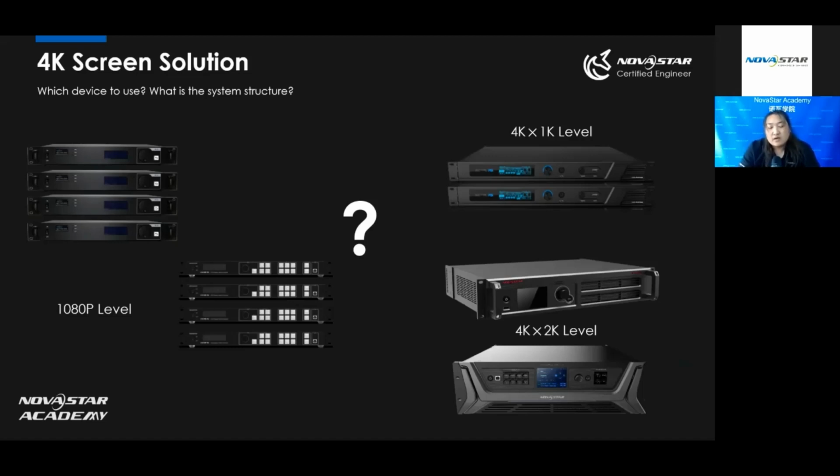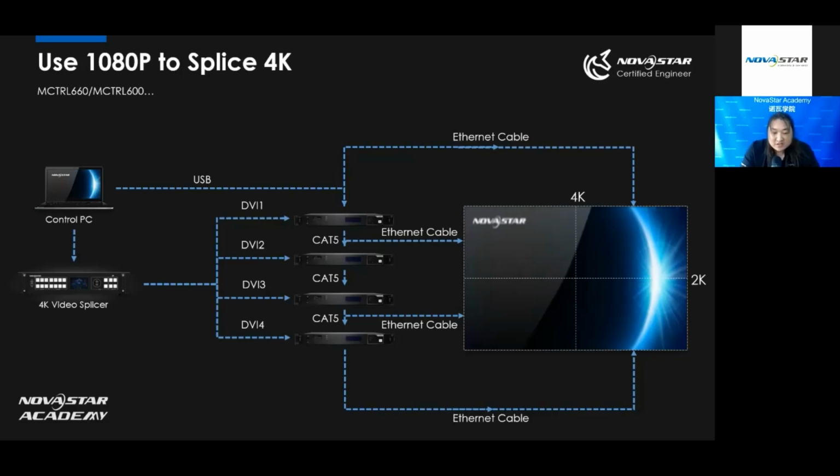All right, what if we are going to use the 660? Let's see the diagram here. For the 4K screen, if we are going to use the pure controller like the 660, what should we do?